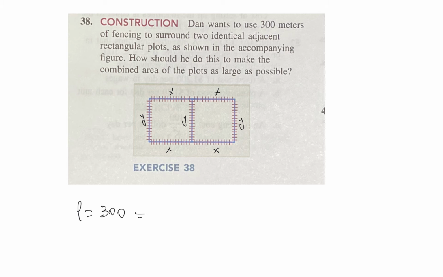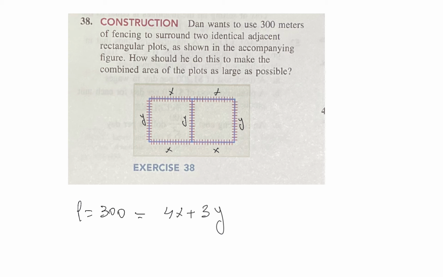And the length is composed of all these lengths, x and x, y, x, and y. So it will be 4x plus 3y. This is the length. It says like this, and the length should be 300.